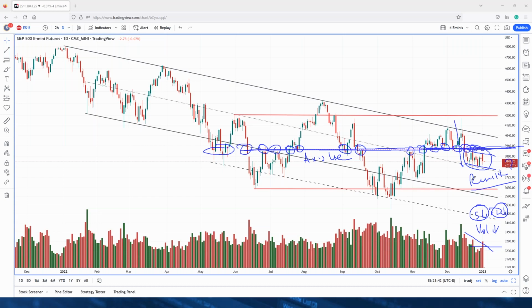How many times have we been through this line, up and down, up and down. And this is very natural for any type of consolidation, any type of trading range. You are going to have this type of action. So you always want to define some kind of mean or axis line. David Weiss loved to call this an axis line, and then see how the price interacts around that.